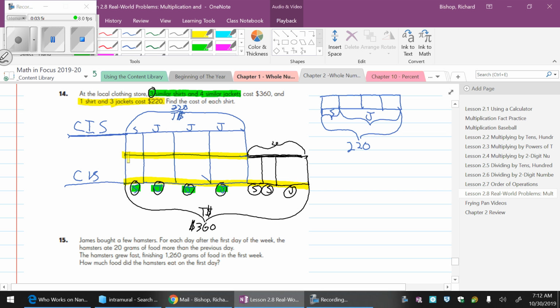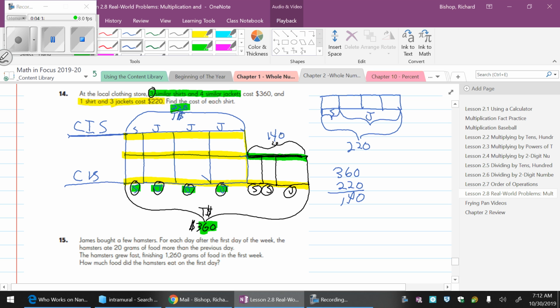Okay, there's where they're the same, and then this is where they're different. So I can see if I have a total here and a part of that is 220, my operation would be subtraction. 360 minus 220 is 140. 140 goes right here. That's the difference.